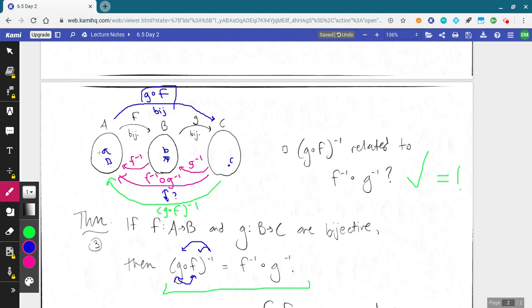It's got to be our A, because if we send our A through F, we're going to get B, and then G will send it to C. So that's what we're looking for.